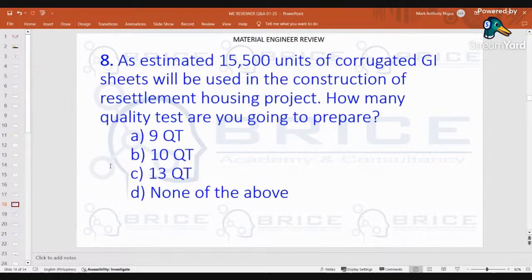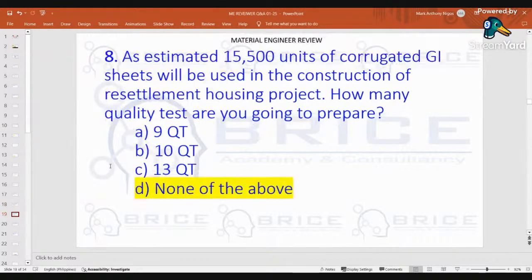Number 8. As estimated, 15,000 units of corrugated GI sheets will be used in the construction of a resettlement housing project. How many quality tests are you going to prepare? A, 9 QT or quality tests. B, 10 QT. C, 13 QT. And D, none of the above.